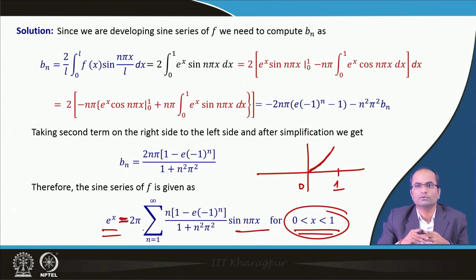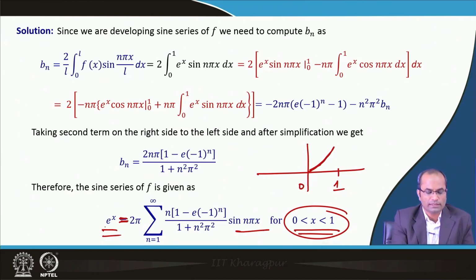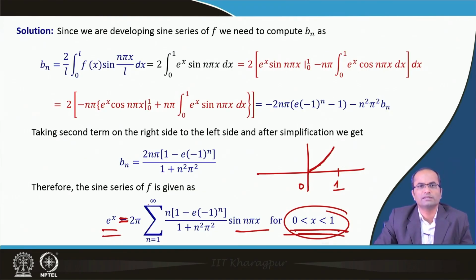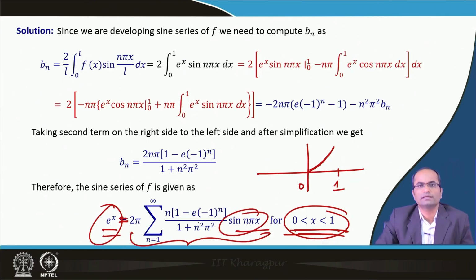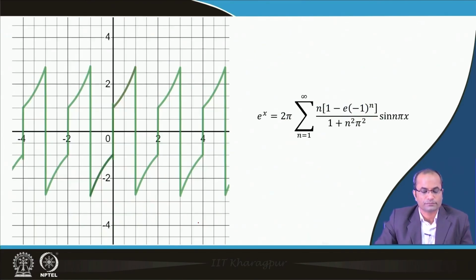So it will become 0. The Fourier series of the whole function with the extended portion will converge to 0 at 0 only. But in 0 to 1 we can certainly write this equality. So this Fourier series is equal to e power x, and it has only the sine terms. This is the sine series.